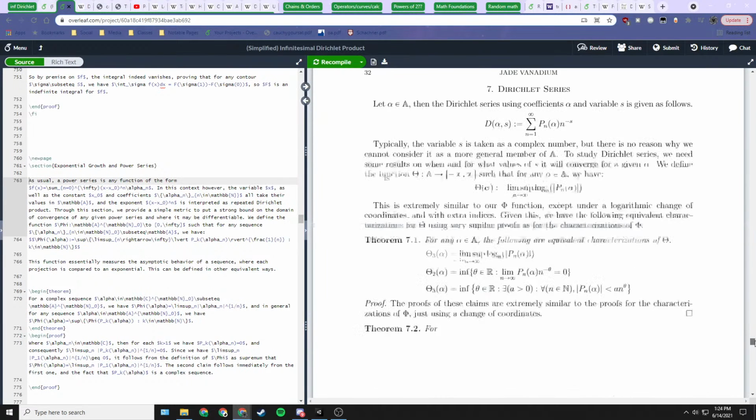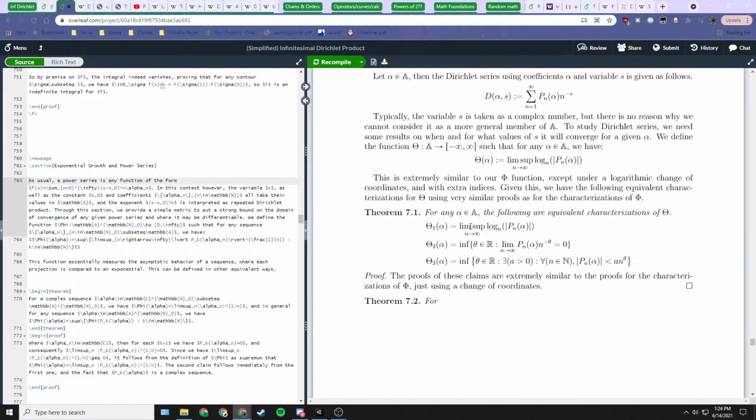But essentially the key intuition in this theta function is that where in the phi function we were comparing the growth of our sequence to a geometric exponential, in this case we're comparing it to a polynomial. So our theta value is trying to figure out what values of lowercase theta make our projections Pn alpha really similar.